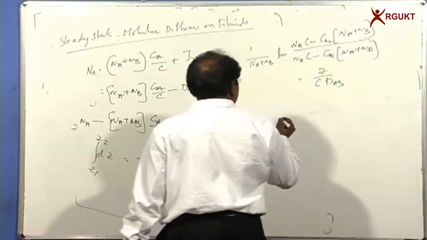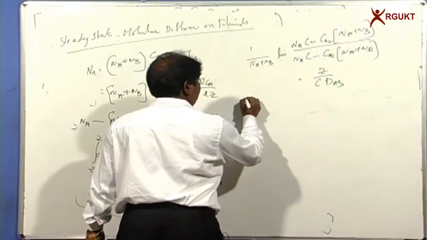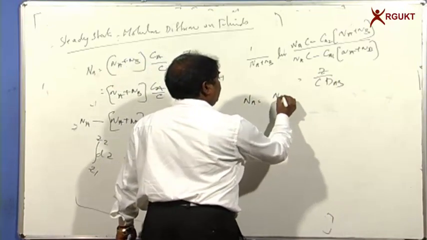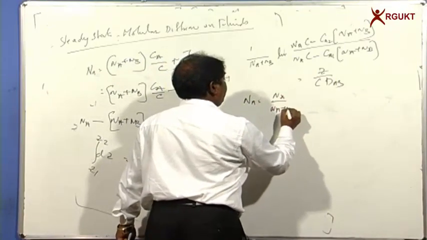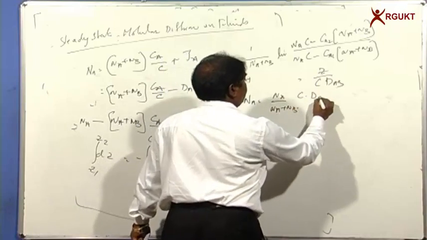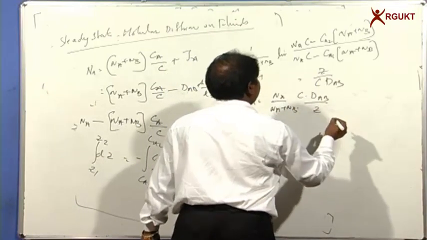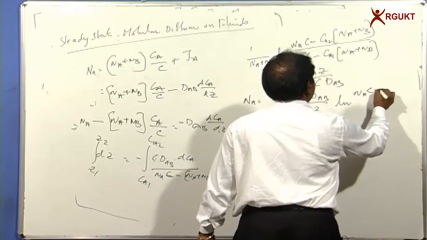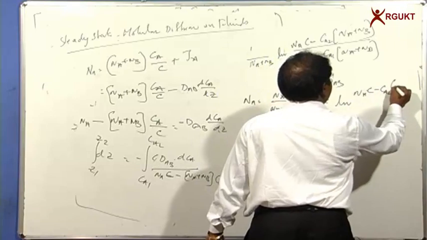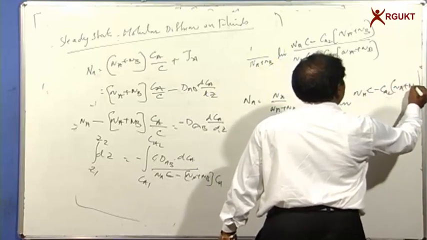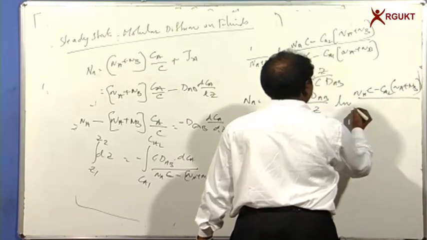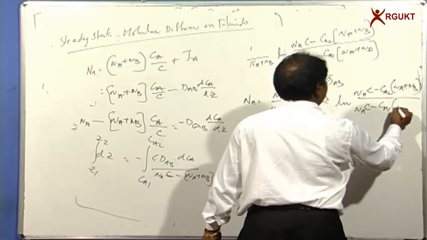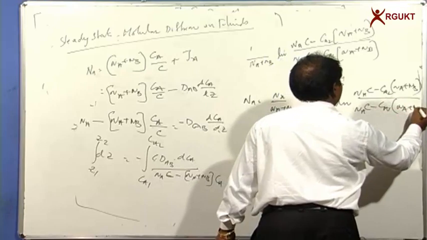Or if you multiply by N_A on both sides, this is going to become N_A by (N_A plus N_B) times C D_AB by Z times ln of [(N_A C minus (N_A plus N_B) C_A2) divided by (N_A C minus (N_A plus N_B) C_A1)].